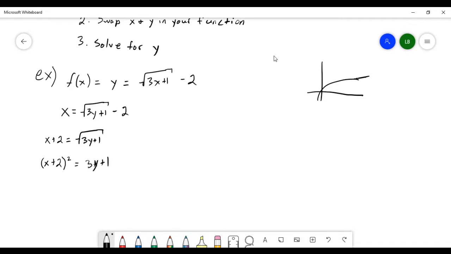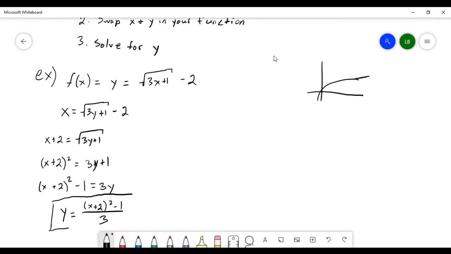And we subtract 1 from both sides. That should be x plus 2 squared, minus 1 is equal to 3y. And lastly, we divide by 3, and we get y equals x plus 2 squared minus 1, divided by 3. That is our inverse function.